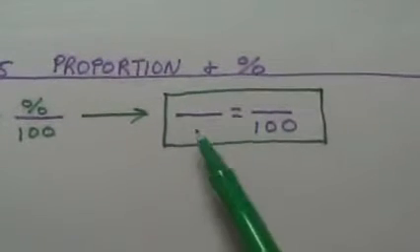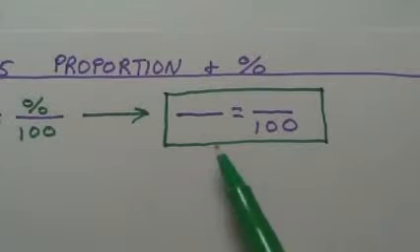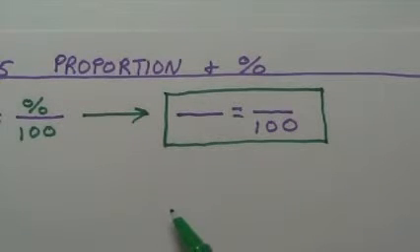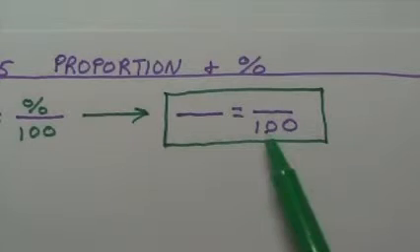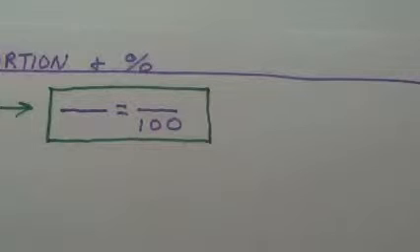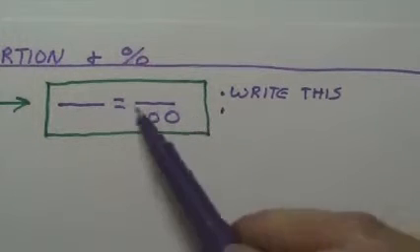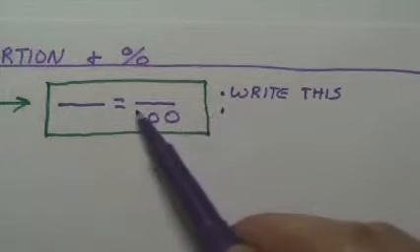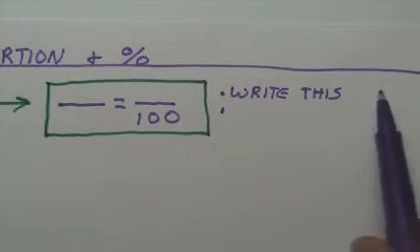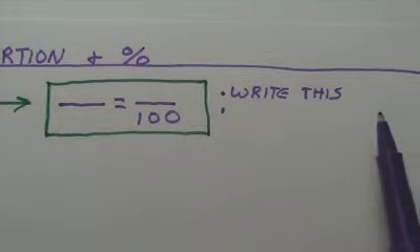So basically, for every problem, we're going to have to set up a proportion just like this. You know, bar equals bar over 100. So every problem, you need to write this. These are the steps right here.